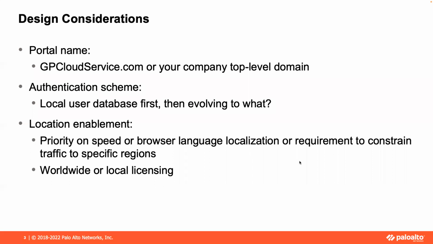Also locations. So the whole idea of Prisma Access for mobile users is that you want your users to be able to connect into Prisma Access as close to where they are as possible. You're not licensed for the number of gateways or on-ramps for Prisma Access.